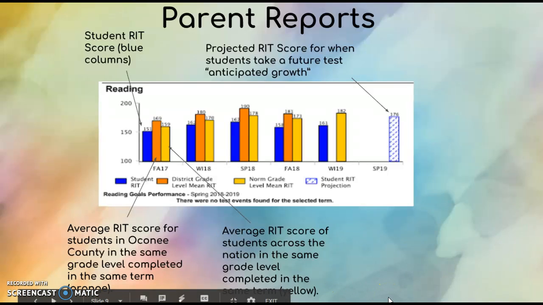And you'll notice over here, this blue dotted column is a projected RIT score. When students take a future test, this is what the MAP predicts as their anticipated growth. You'll see down here at the bottom, you'll notice the terms in which the test was given or taken.